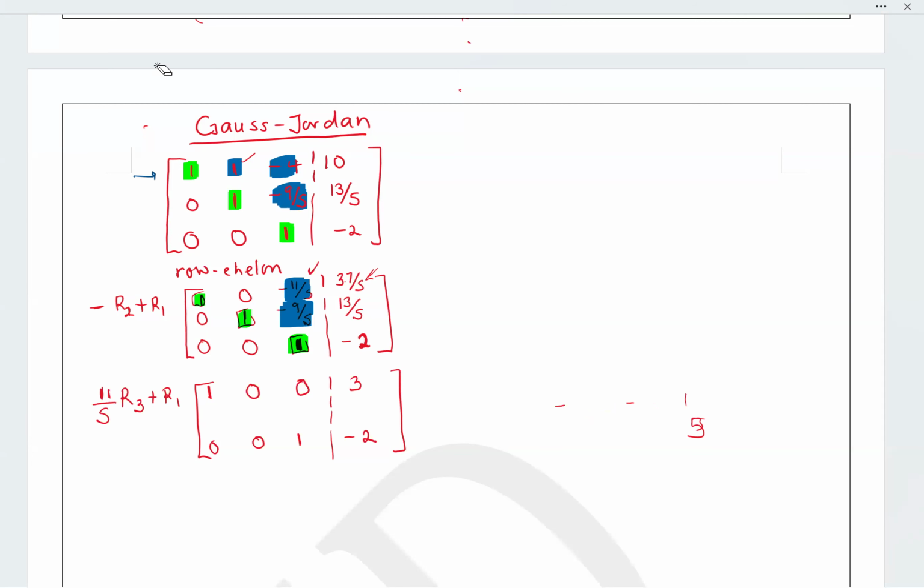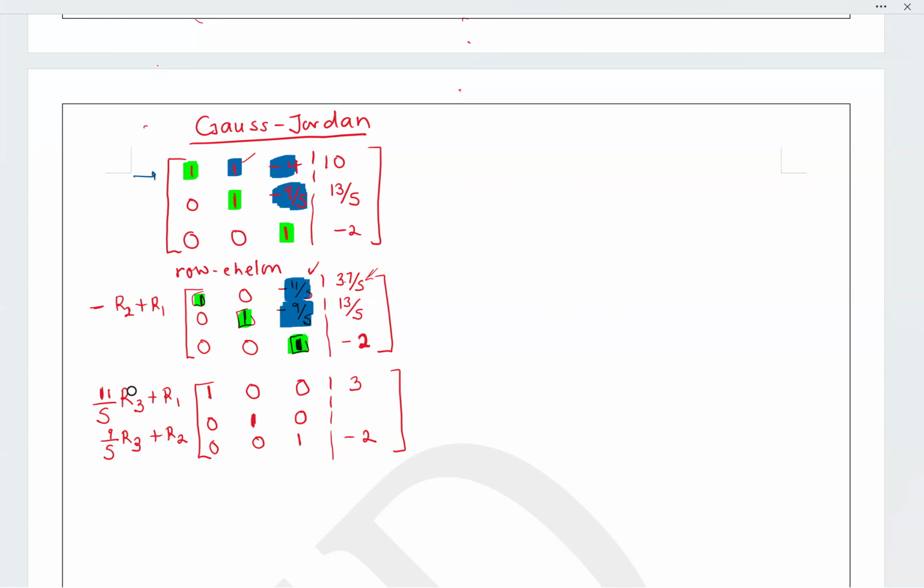Then finally, we have the second row. The second row, we can apply 9 over 5 R3 plus what? R2. And this will make this to be 0. This will still be what? 1, because you have 9 over 5 R3 plus R2. So you have 9 over 5 times 1, which is 9 over 5, plus minus 9 over 5.